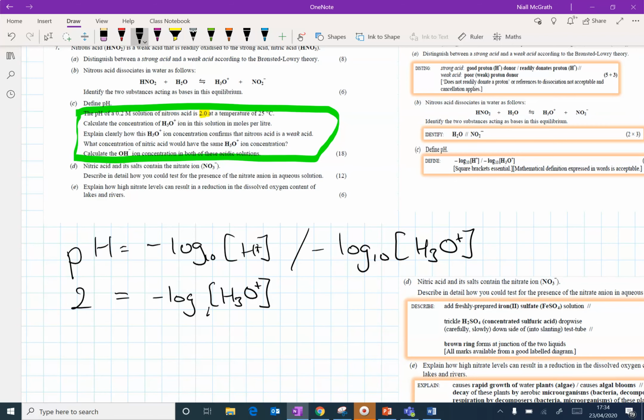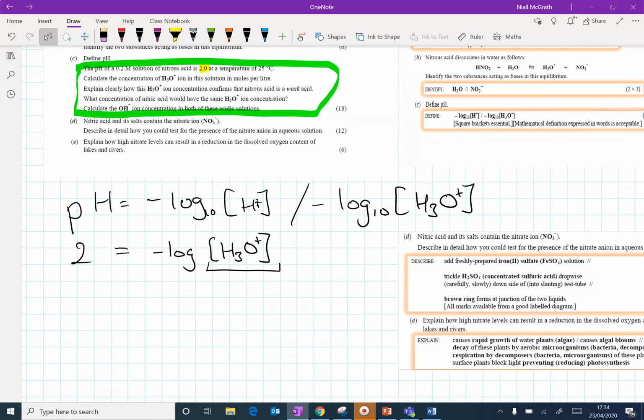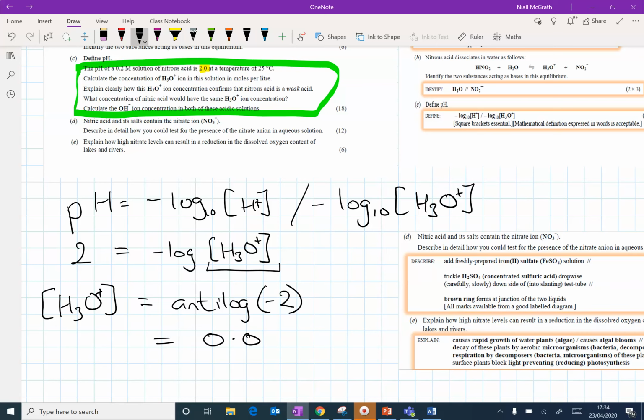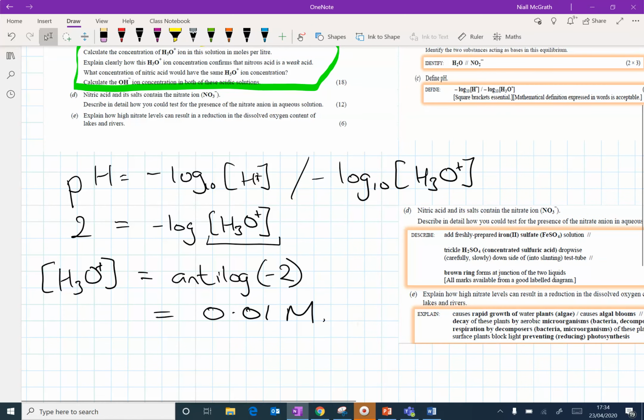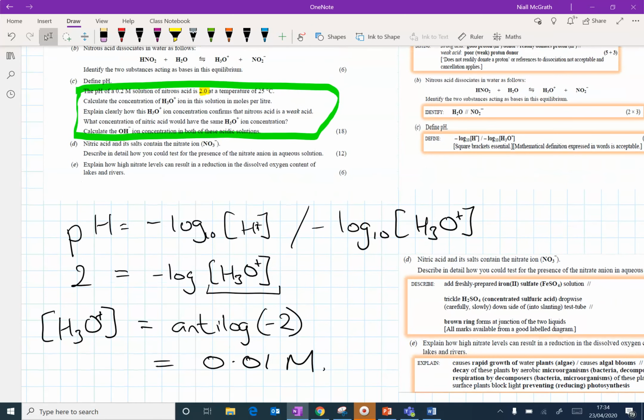To find our concentration, we have to find the inverse log or anti-log of 2. To get anti-log or inverse log, just press shift on your calculator and then log. Because this is minus log, it's the anti-log of minus 2, and that gives you an answer of 0.01 molar, and that is your answer for the first part.